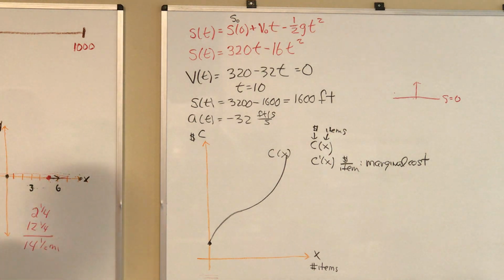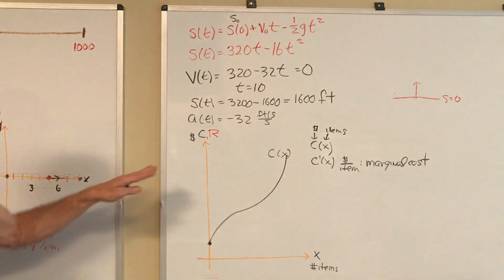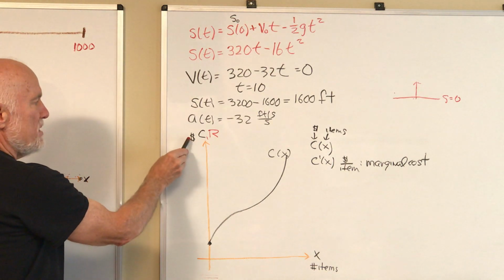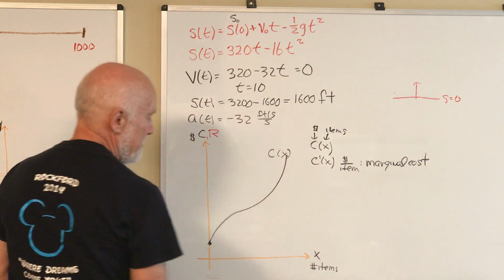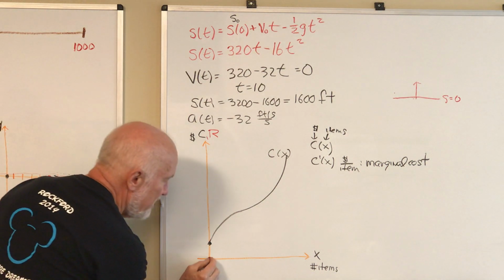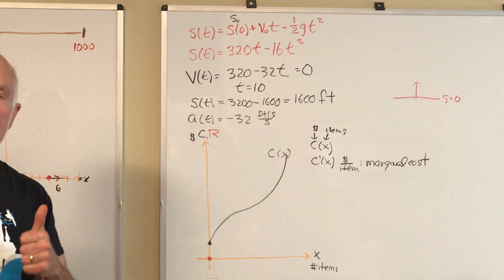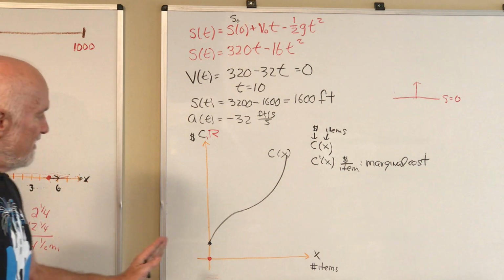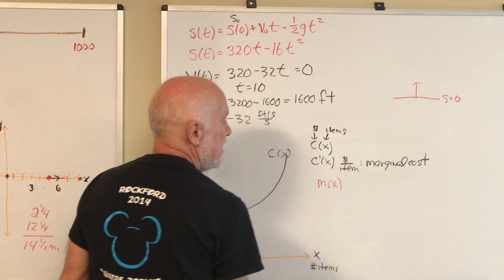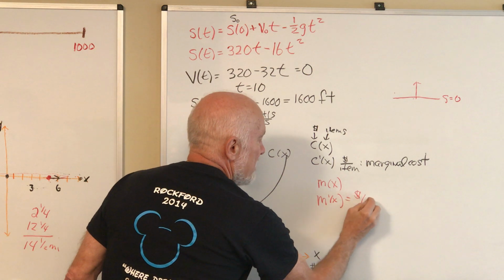So I'm not saying every cost function will look like that, but that's a pretty typical one. But we're also interested in the revenue. So I'm going to model both of these on the same graph, because the revenue is also going to be measured in dollars and items. So if you don't sell any items at all, you have zero revenue. But especially if you come up with something that people really want, at the very beginning, if you take the derivative here, you're going to get dollars per item.